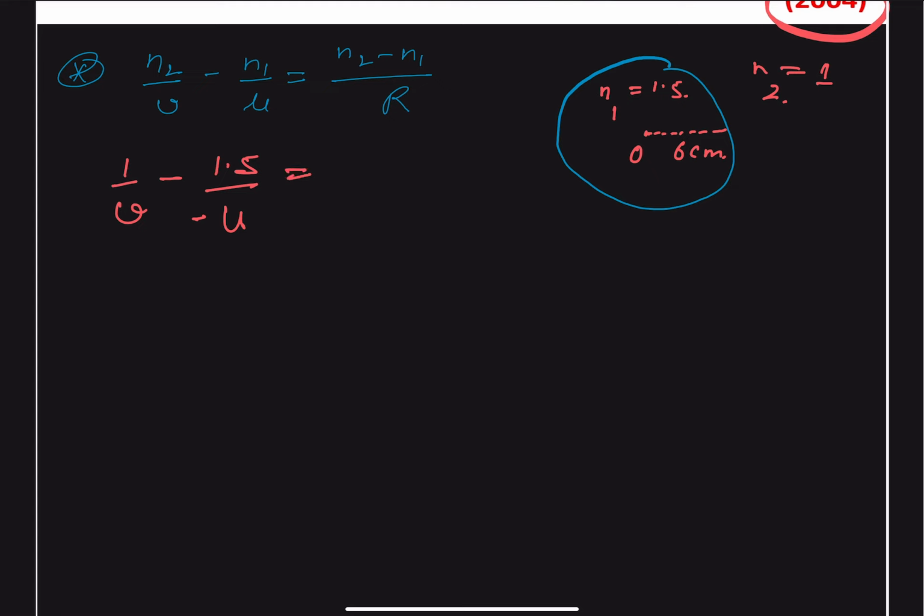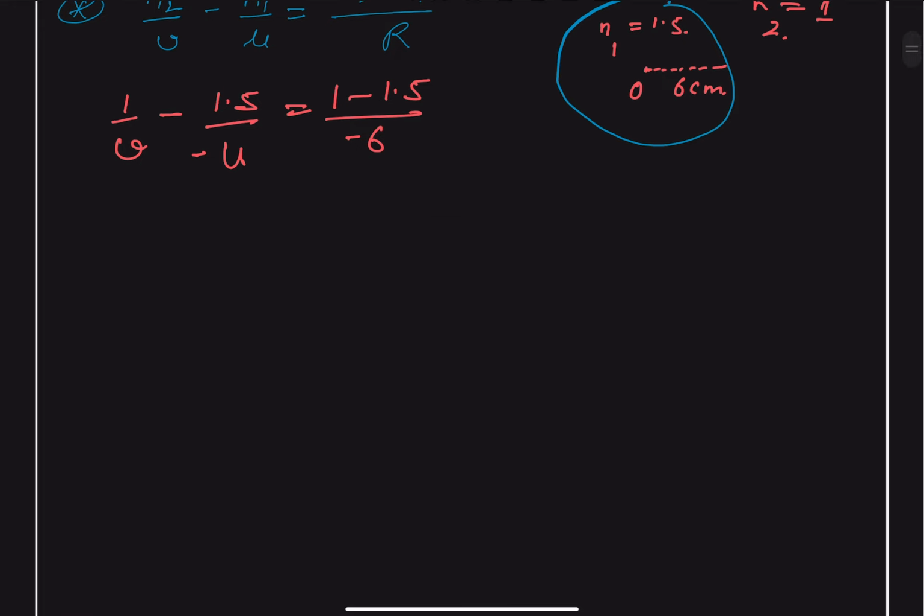It is equal to 1 minus 1.5 divided by minus 6, and this will be positive. Therefore we can write that the object is also at a distance of 6 centimeter, that is minus 6. Now it's the correct one.